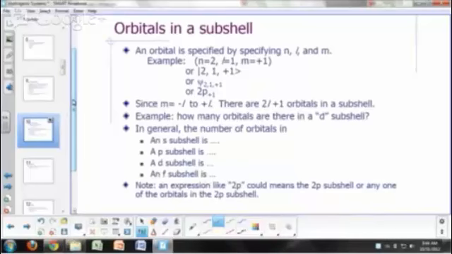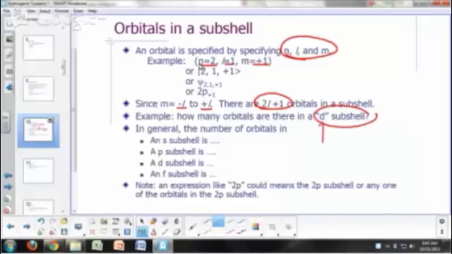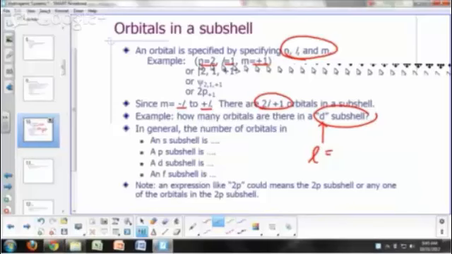You specify an orbital then, in other words, you define that function for the electron by specifying quantum numbers n, L, and M. And so a set of quantum numbers n, L, and M defines an orbital. All right. Since M goes from negative L to positive L, there are 2L plus 1 orbitals. So for example, if you have what we call a D subshell, remember, L equals 0, you have an S orbital.